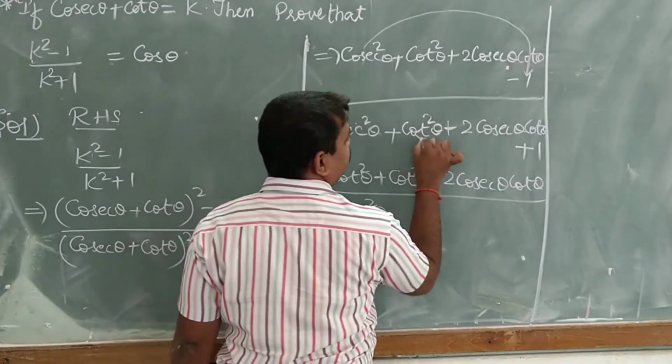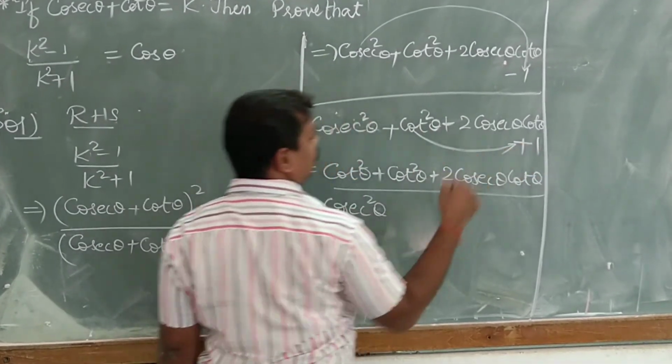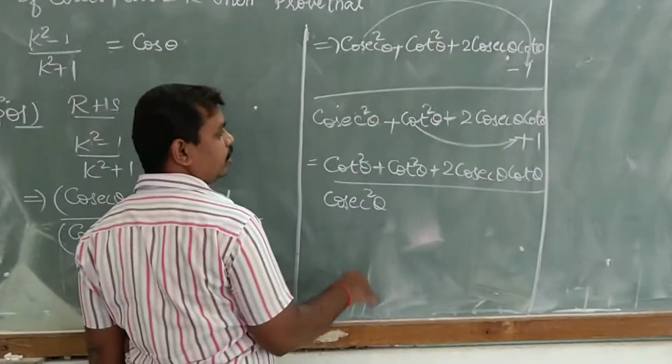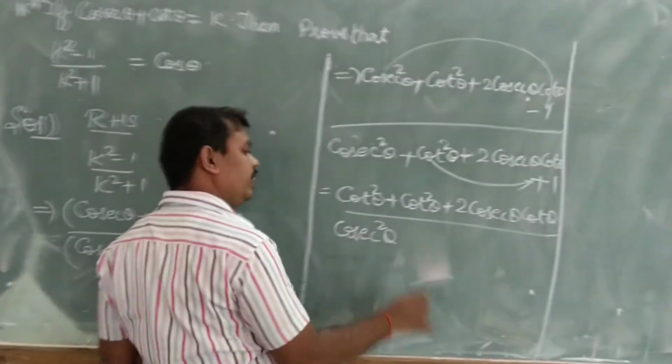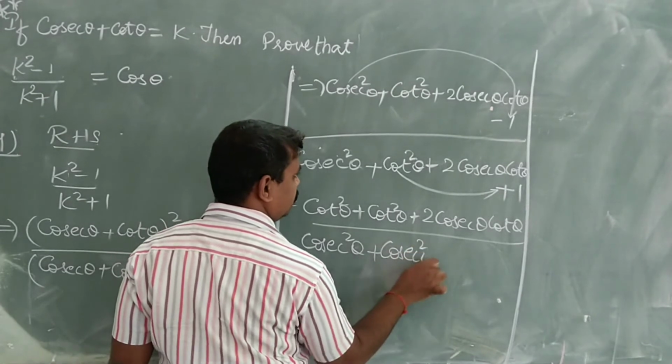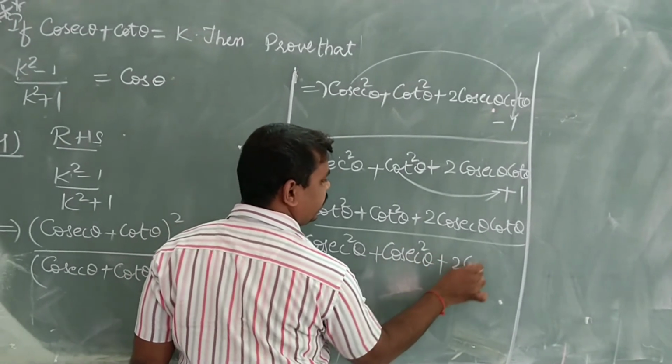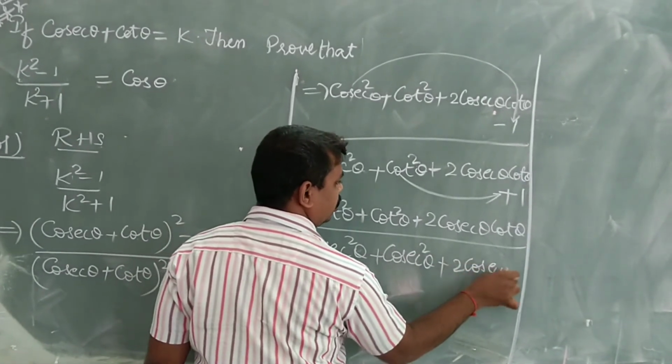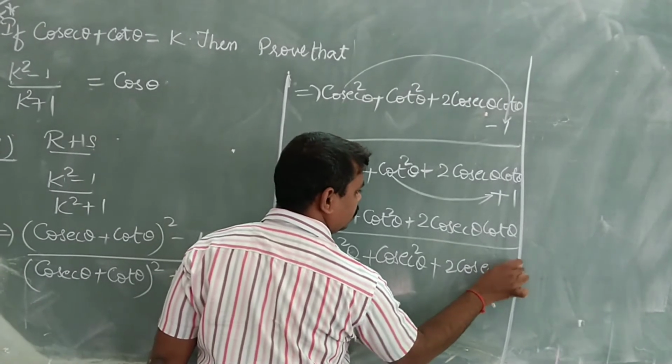See here, when you observe, cot square theta plus 1 is what? According to the identity, it is cosecant square theta, plus 2 cosecant theta cot theta.